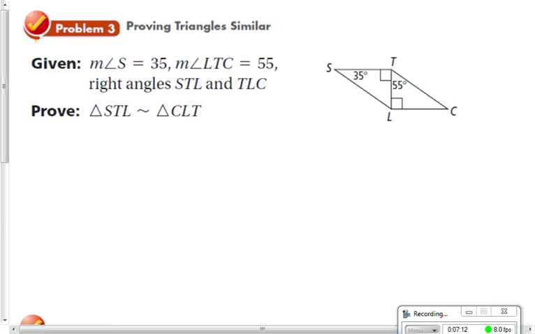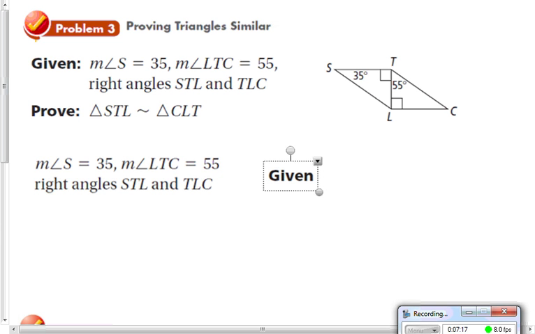All right, so this one we're actually going to do some proving here. We know that angle STL is going to be congruent to angle CLT because they're both right angles. And then using the triangle angle sum theorem, we can show that angle SLT is equal to 55 degrees.